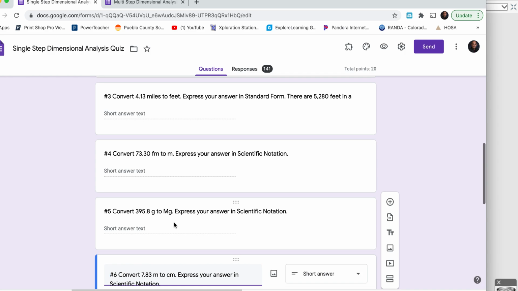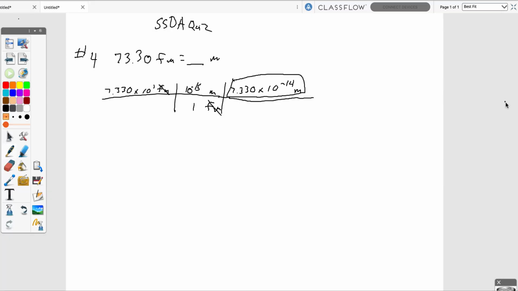All right, so we're looking at number 5 here. Convert, let's see, 395.5 grams to, is that milligrams? No, this is megagrams. All right, we have to have it in scientific notation. Here we go. Okay, number 5. All right, so we're looking at this one, and the first thing I'm going to write out is our problem.